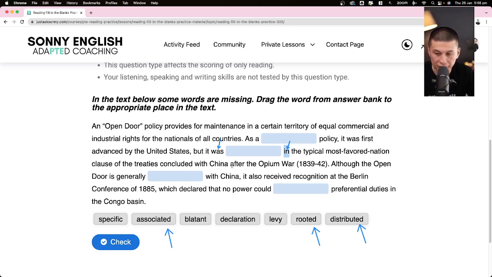Do you agree that associated needs a different preposition? I hope you know this one. Associated needs a different preposition. Distributed needs a different preposition. So the only one that could fit and is the one that goes within is rooted. Rooted inside. Root means in the ground or inside. That is it. All right?